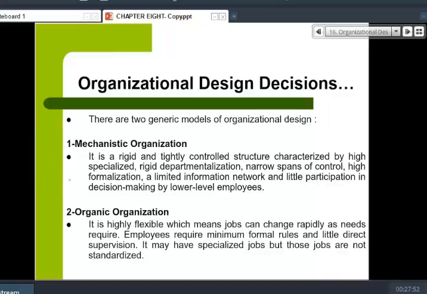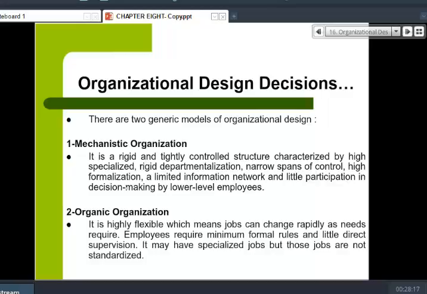The mechanistic organization is a rigid and tightly controlled structure characterized by highly specialized, rigid departmentalization, narrow spans of control, high formalization, a limited information network, and little participation in decision making by lower-level employees.